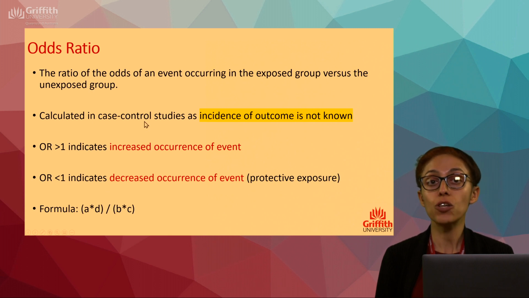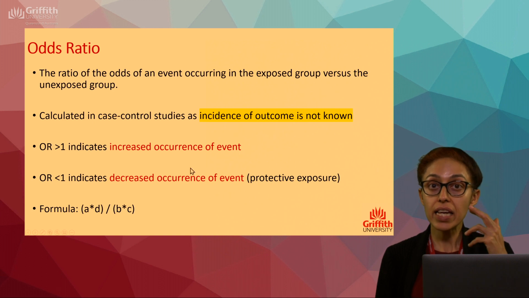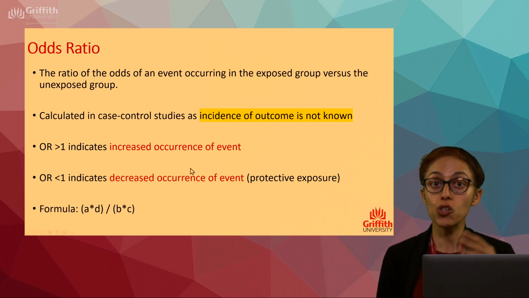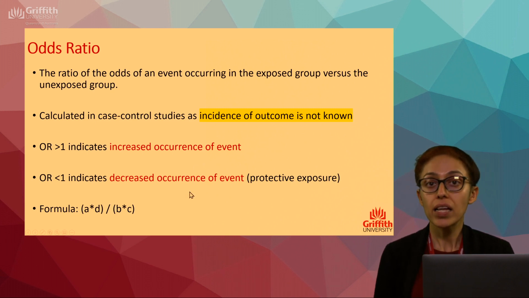As I said, you calculate it when you do not know the true incidence. Again, the understanding is the same: odds ratio greater than 1 means increased occurrence of that event, less than 1 means decreased occurrence of that event, and the formula is also very simple.